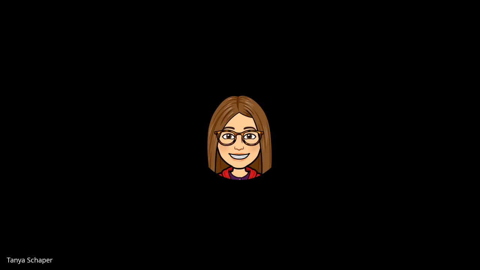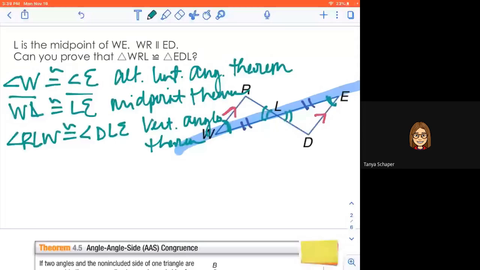Again, we have to back up our reasoning. We've got to use those theorems, postulates, and definitions that we've been learning about all year.